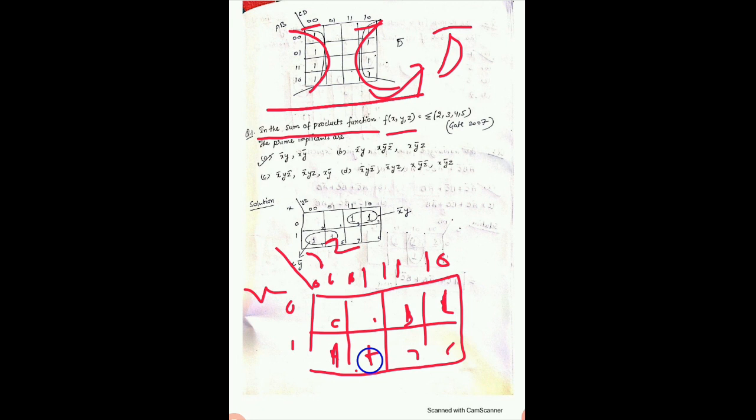Now we write 0 0, 0 1, 1 1, 1 0. Here 0 and 1. Now we can see the question. Now we write the suffix. This is 0, this is 1, this is 2, this is 3, this is 4, this is 5, this is 6, this is 7.